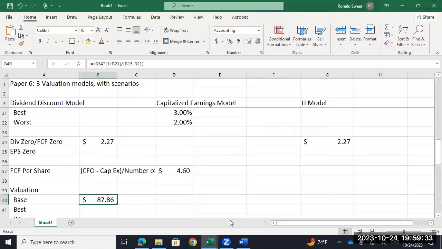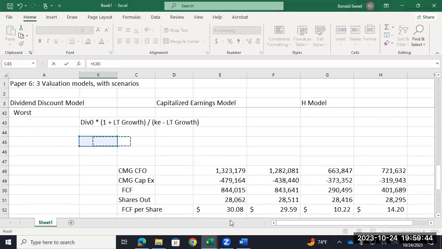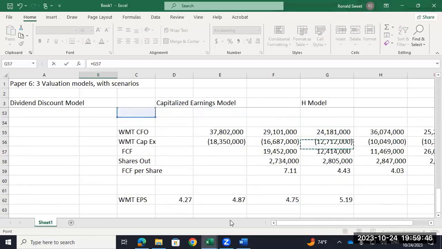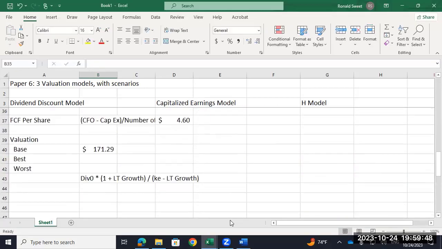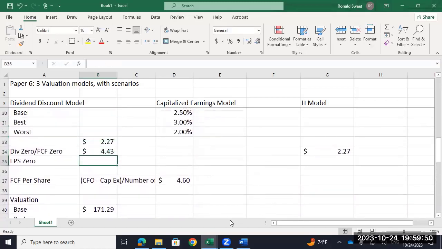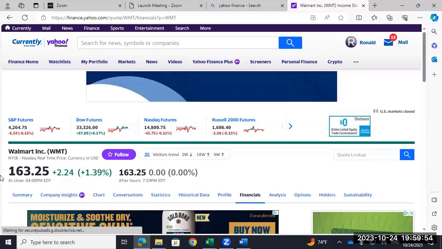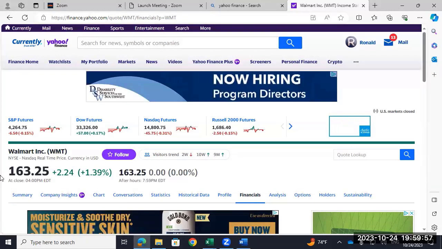This is when you're going to cheat. It's like, wow, that gives me a really low price. And I always get low prices. You know what? I'm going to use my free cash flow per share instead of dividends. Now I get 171.